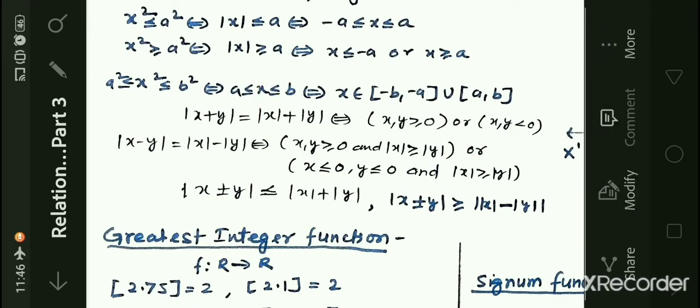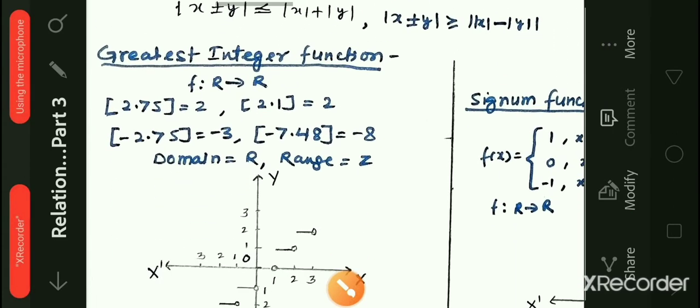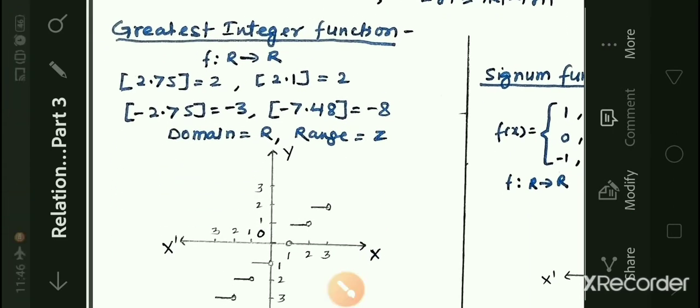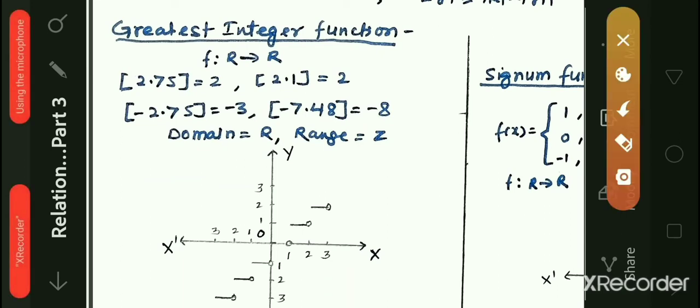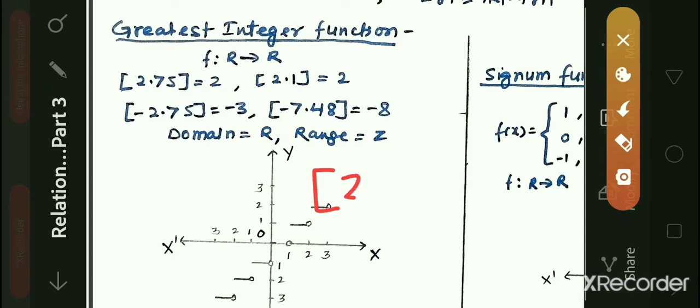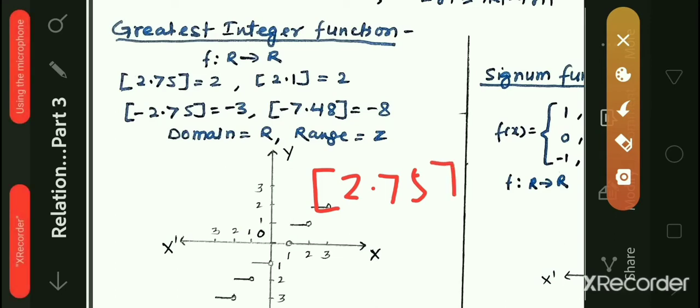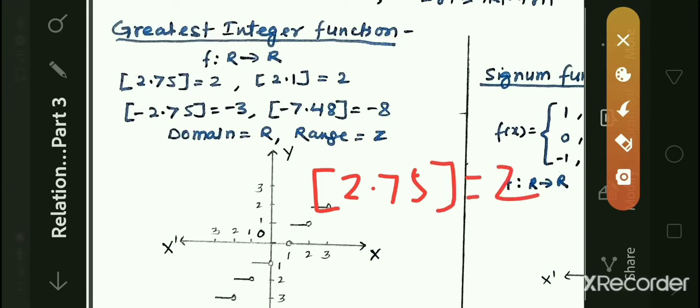Now move to another function, that is the greatest integer function. In the greatest integer function f from R to R, the value is equal to its extreme left neighboring integer point.